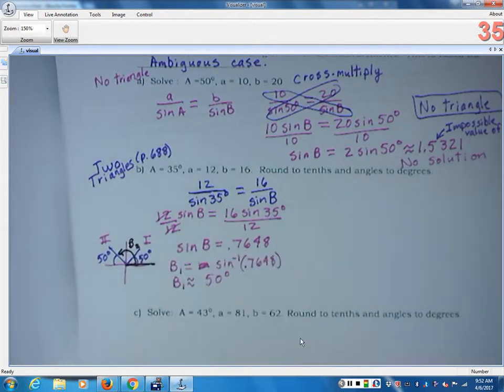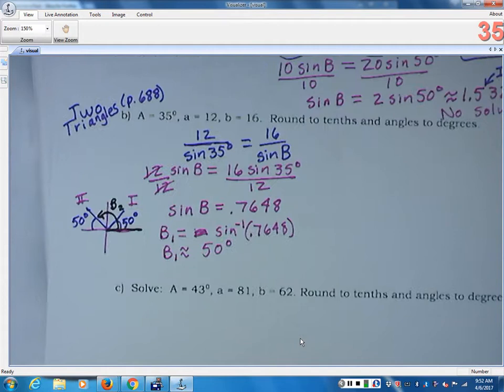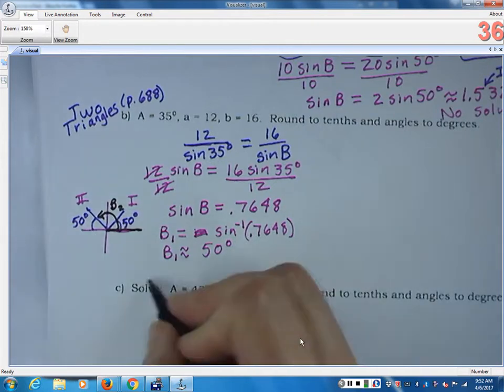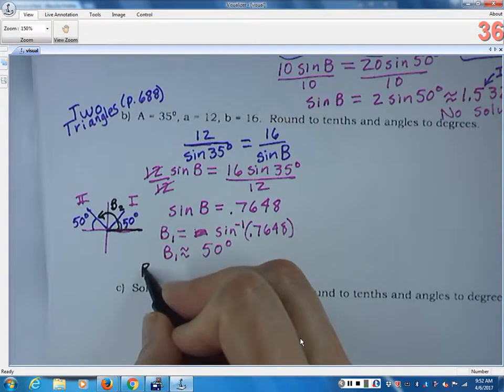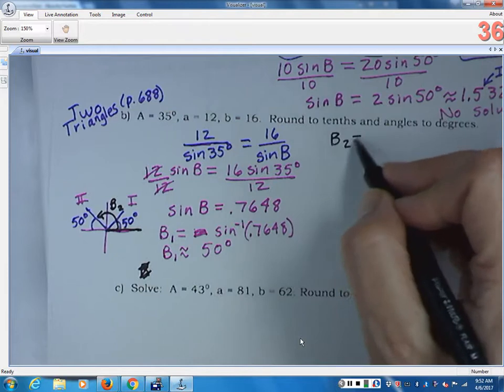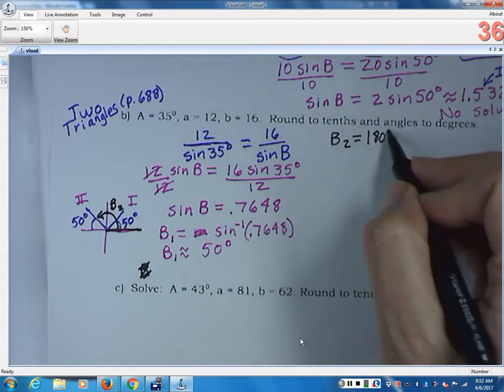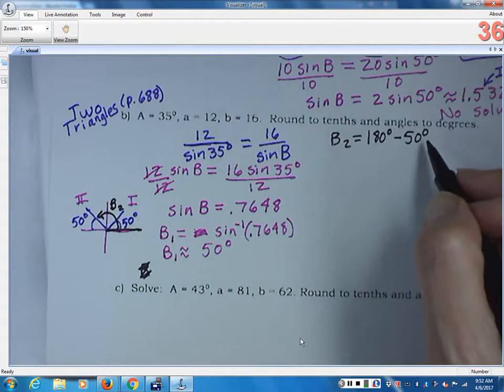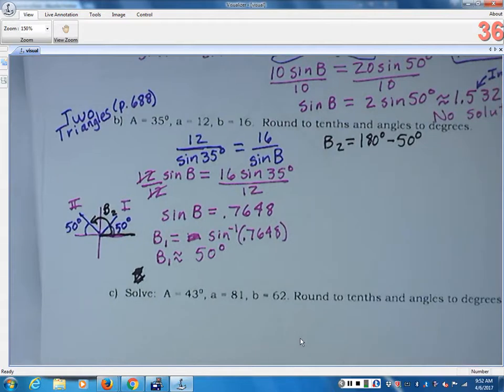So you take 180 minus 50 to find that. Did I do that right?